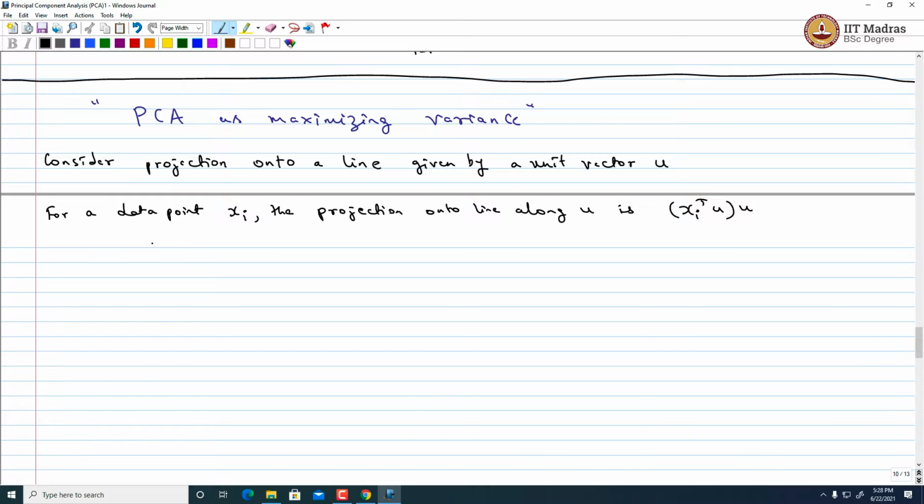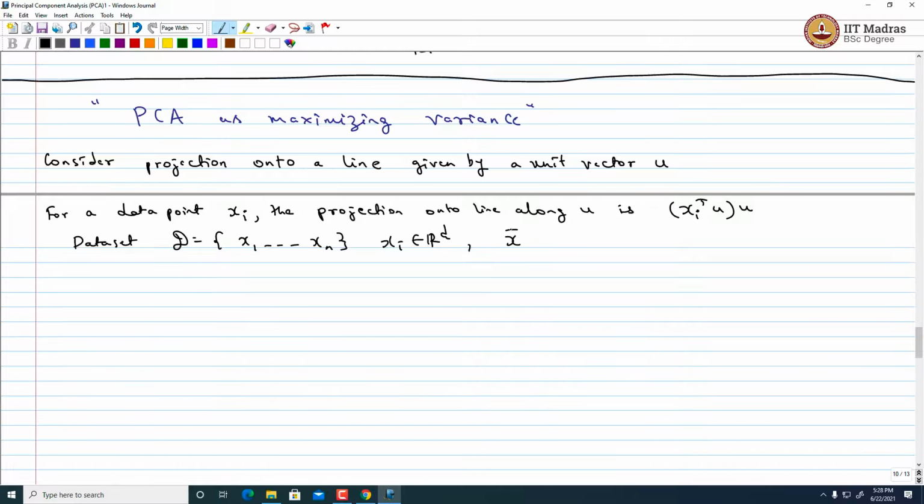With the notation as before, recall if you have a data set D equals x1 until xn, where xi belongs to R^d.